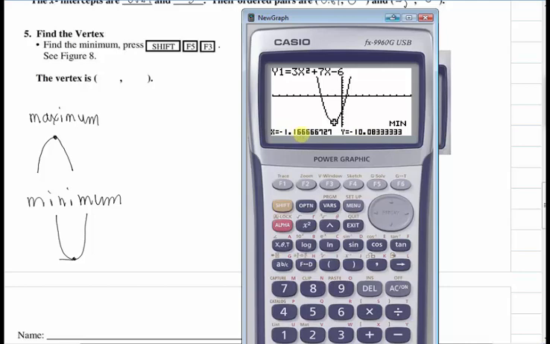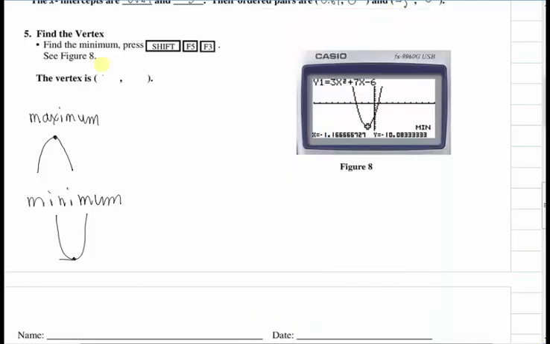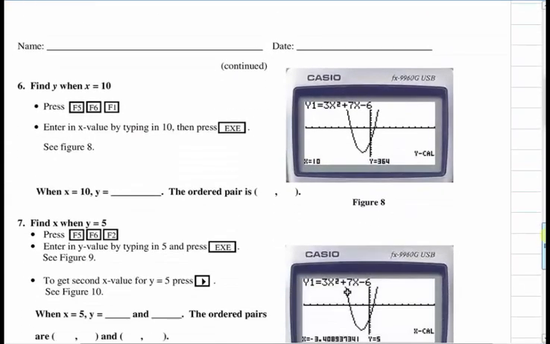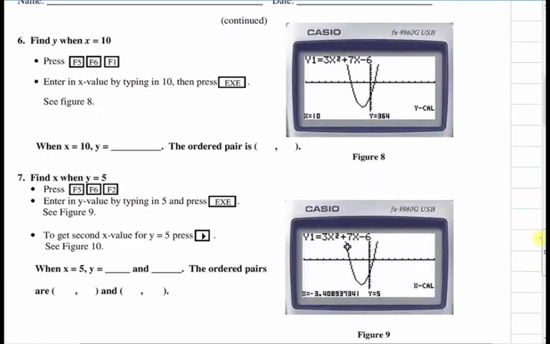Okay, so let's enter that on your handout. So your x coordinate is -1.17 and your y coordinate is -10.08.